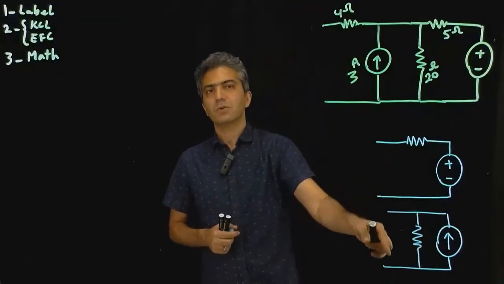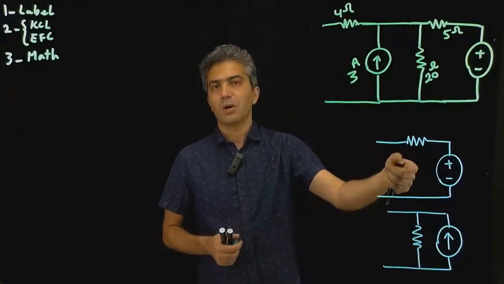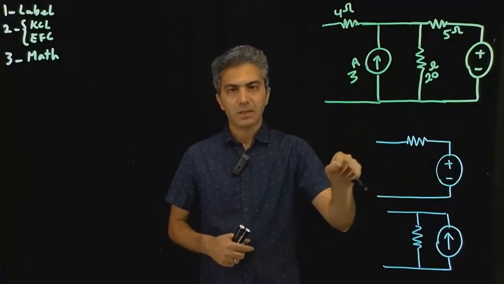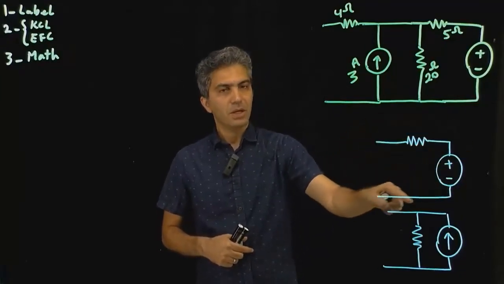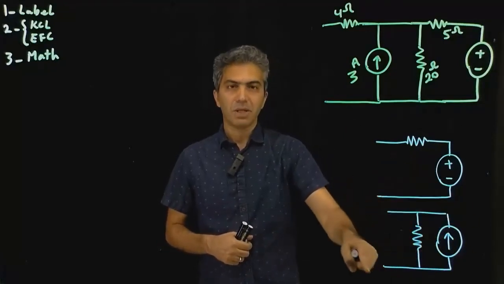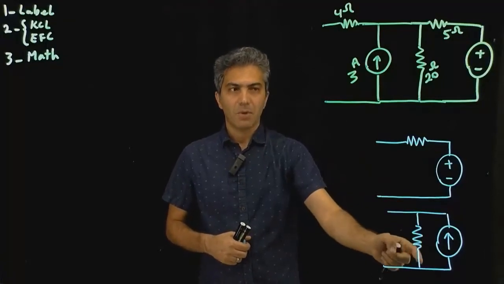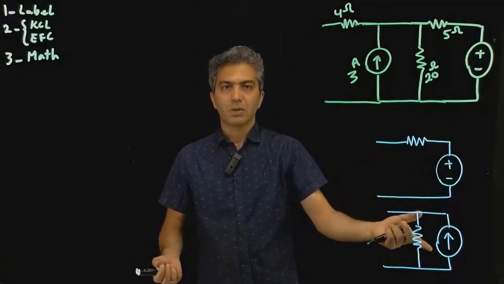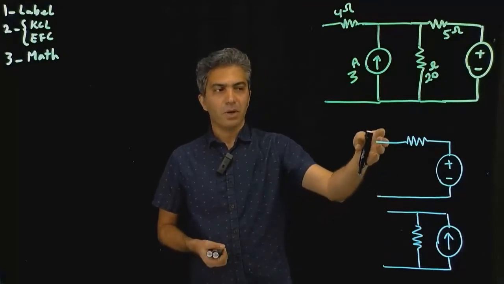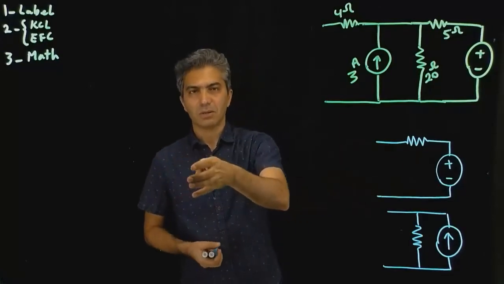Each one of these two models could be arbitrarily picked to represent your original circuit. In this specific lecture, we're going to start by representing the circuit with this model, and then in the next lecture, we're going to represent the same circuit, this time with that model. These two could be picked based on the specific application, where you're going to take this model and connect it to the rest of the circuit.